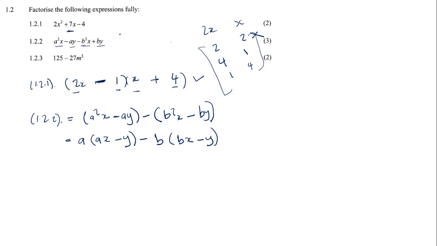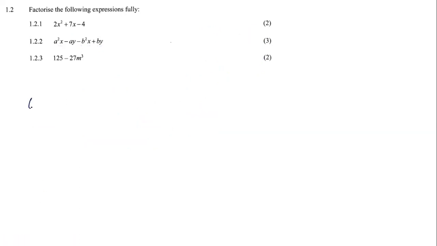In this case, the trick is, when you encounter something that looks like this, this is how we're going to solve the question. We're going to group this and that because they have the same degree of different variables, which is 2 and 2. So we are going to group a²x and −b²x.